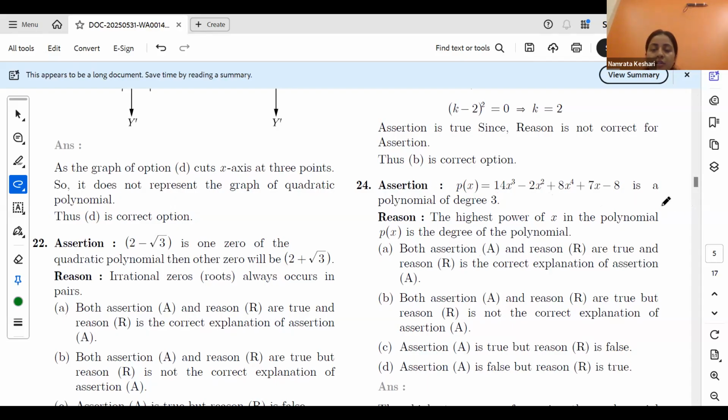This number 24, can you see? It's really basic. Please read it and tell me whether it is true or false.